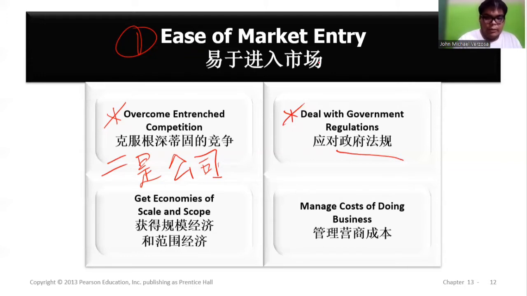Economies of scale are the cost advantages a company gets when production becomes efficient. Companies can achieve economies of scale by increasing production and lowering costs. This happens because costs are spread over a larger number of goods. And last but not the least, it makes it easier to manage the costs of doing business. When you're doing a joint venture, you're saving money.